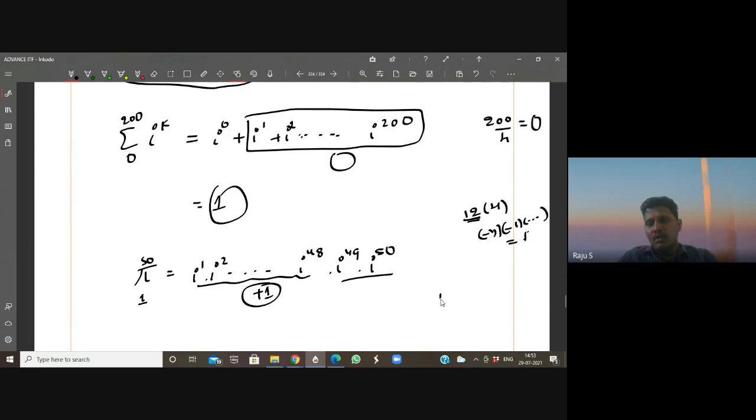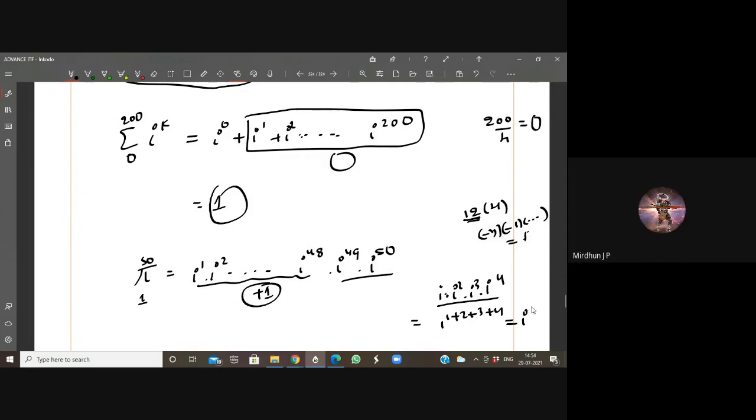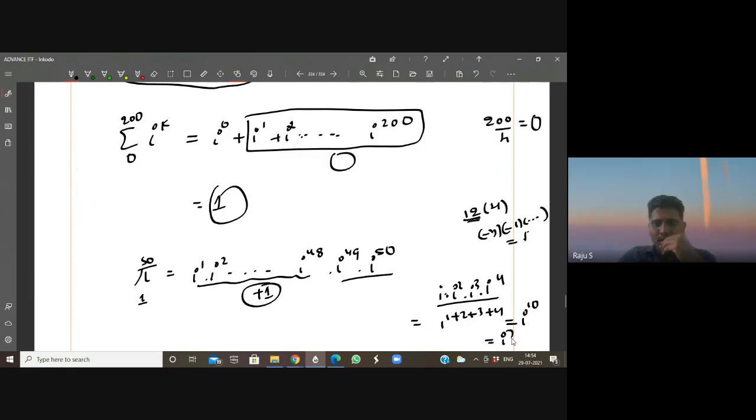Let's see. i power 1 plus 2 plus 3 plus 4 becomes i to the power 10, and i squared is minus 1. So 12 times minus means plus 1. The product becomes minus 1 only.